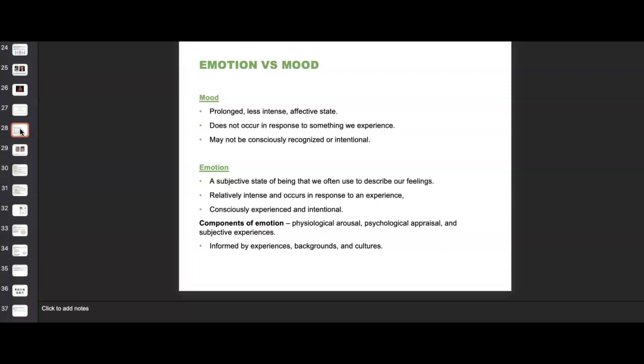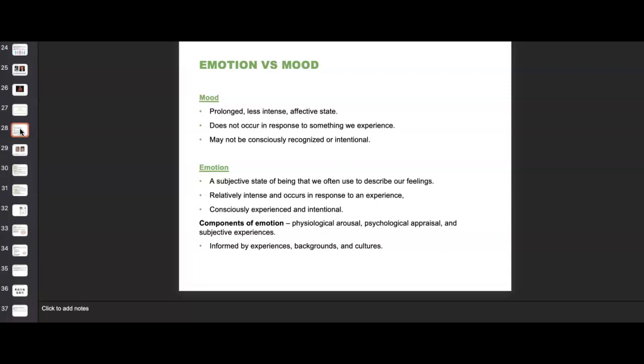Emotion, however, is a little bit different. This is a subjective state of being that we often use to describe our feelings. It is relatively intense and occurs in response to an experience. It's also consciously experienced and intentional.